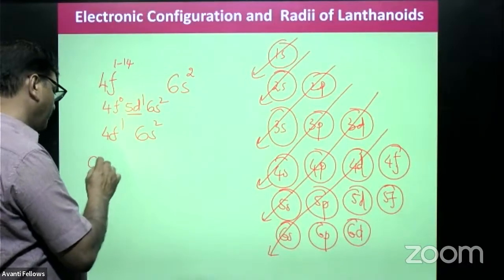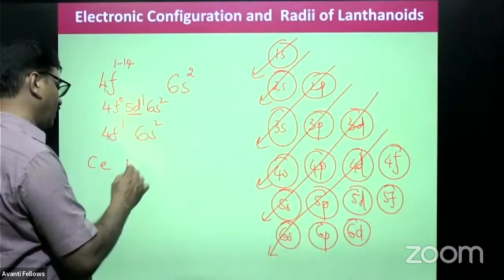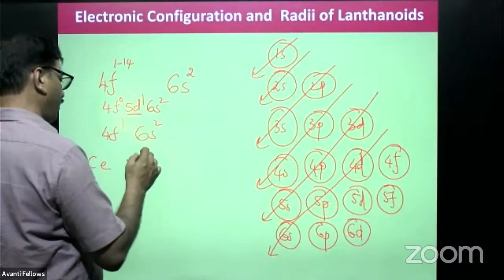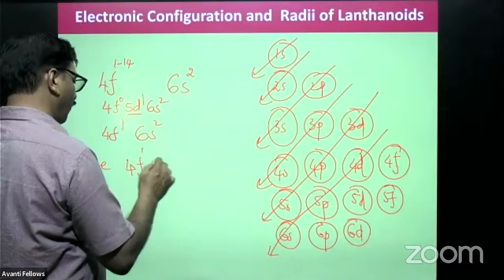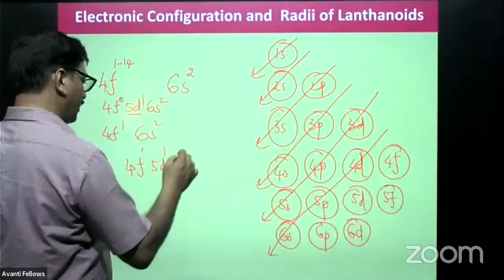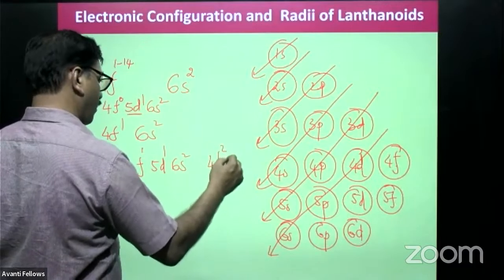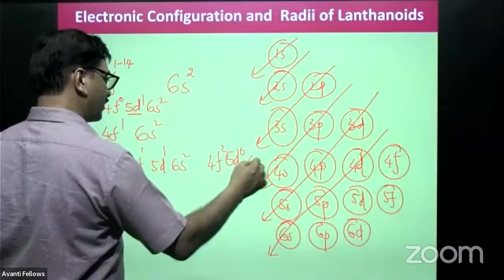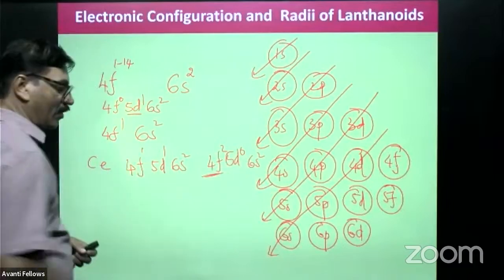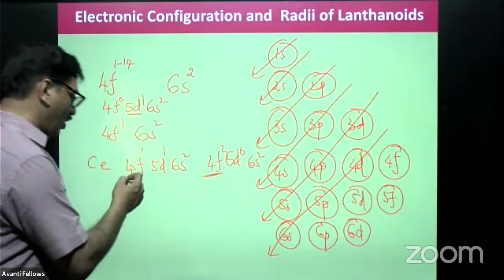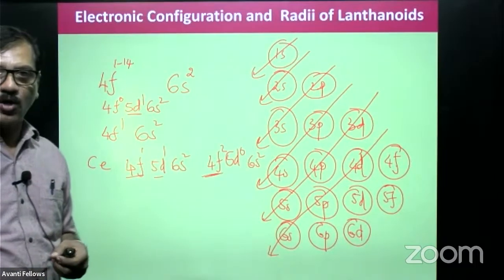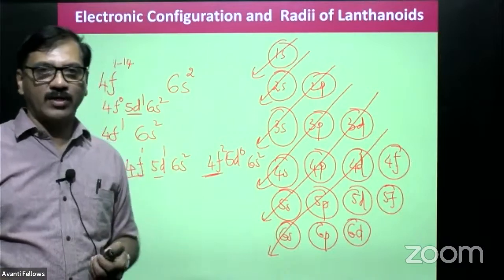Then the cerium electronic configuration is 4f1 5d1 6s2. This is one of two ways it is written. The other is 4f2 5d0 6s2, having 2 electrons in the 4f. These are the two possibilities of electronic configuration.